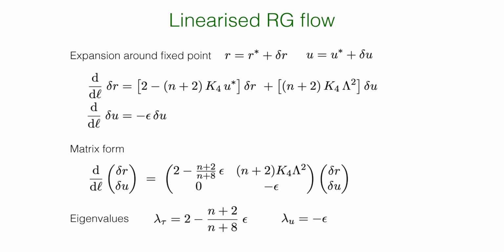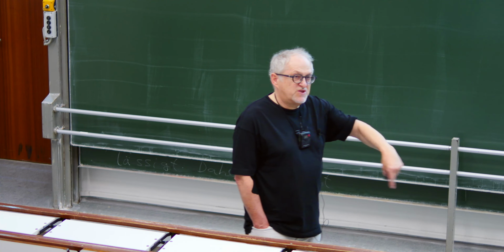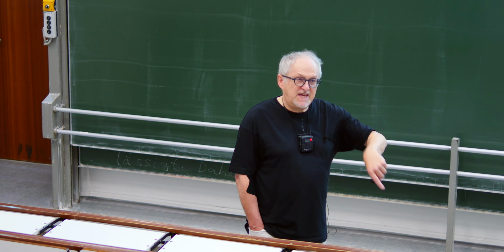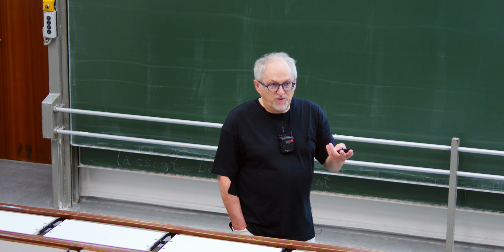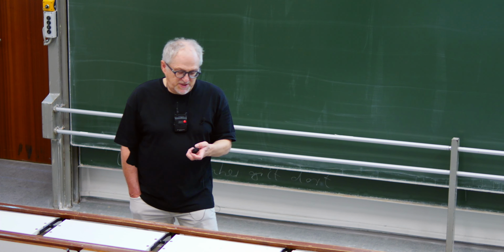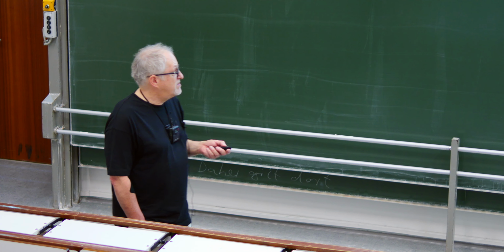So the diagonal terms are the eigenvalues. Lambda tau is this one, and lambda u is minus epsilon, just reaffirming what I said. If you're below 4 dimension, the Wilson-Fisher fixed point is stable, and the Gaussian fixed point is unstable, and above 4 dimension, it's just the other way around. The Wilson-Fisher is unstable, but the Gaussian fixed point is stable.